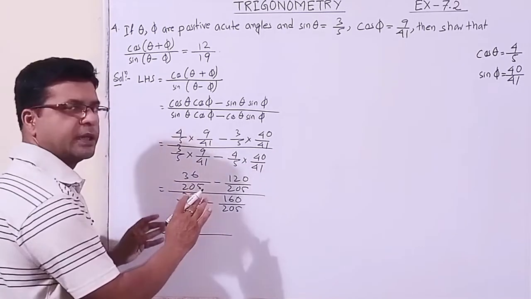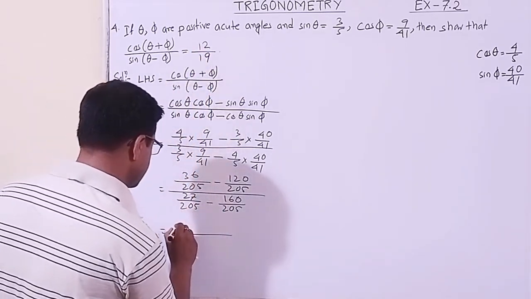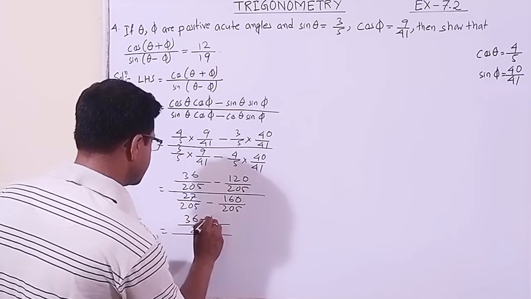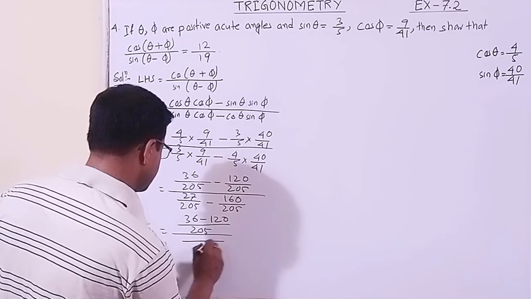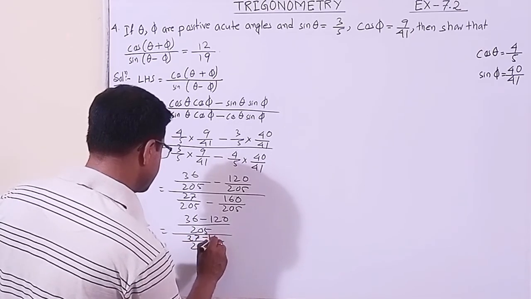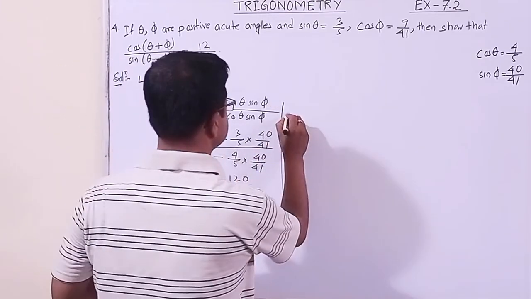Just the main part we have done, now we just have to simplify and we will get the answer. LCM is 205, so that is 36 minus 120 over 205, and 27 minus 160 over 205.